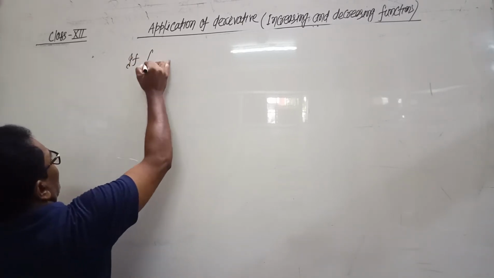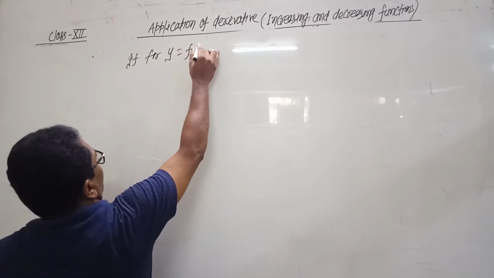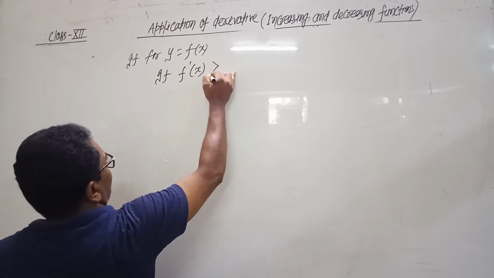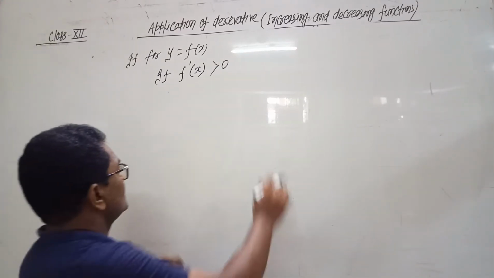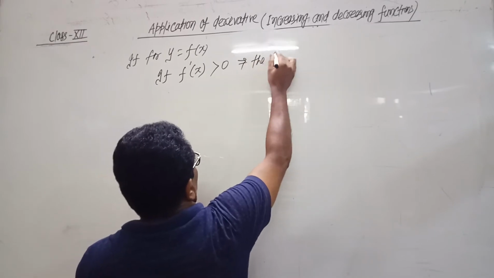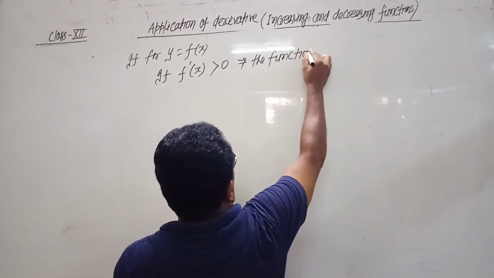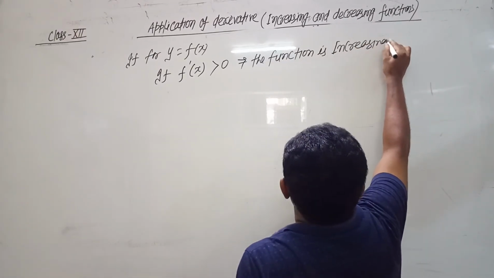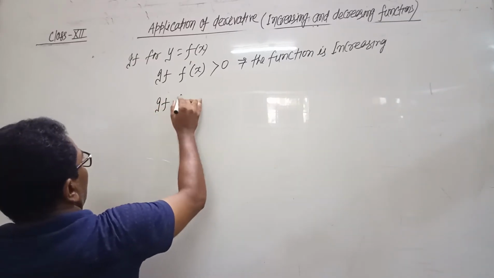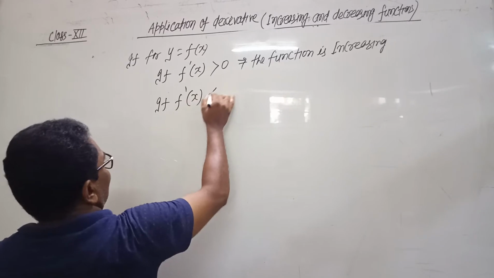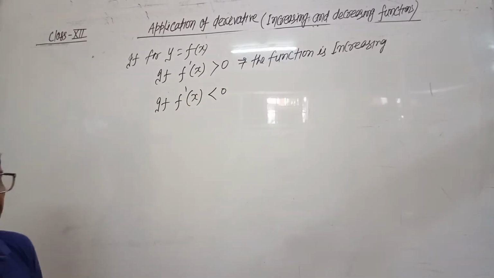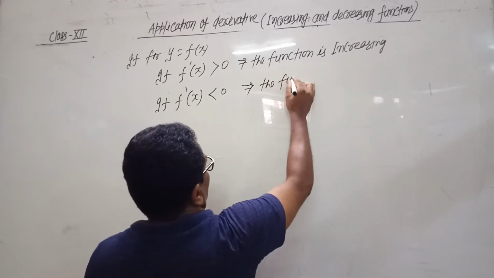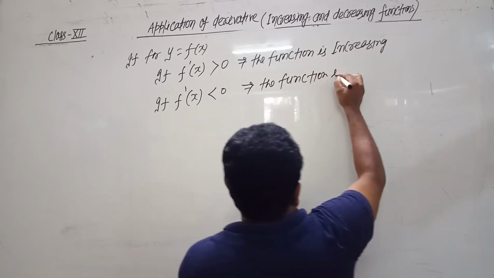If for y equals f(x), if f dash x is greater than 0, this implies the function is increasing. And if f dash x is less than 0, f dash x meaning the derivative of y, dy by dx, this implies the function is decreasing.